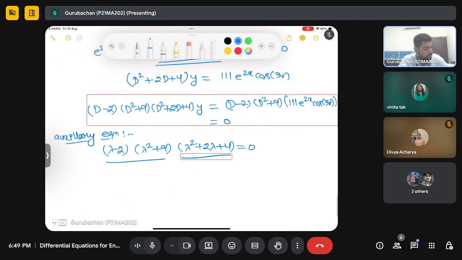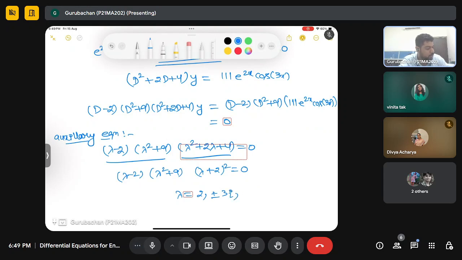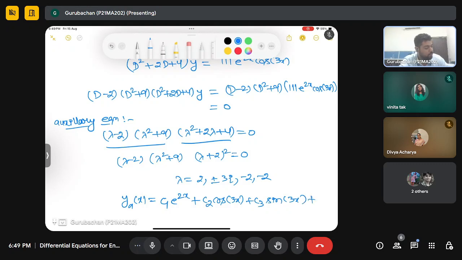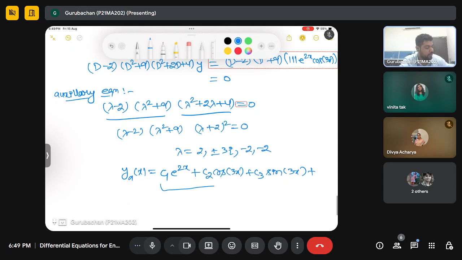So lambda can be 2, plus minus 3 iota, and minus 1 plus minus root 3 iota. So the auxiliary solution I am talking about will be C1 e to the power 2x plus C2 cos 3x plus C3 sin 3x, and we are interested in this part to see the particular solution.